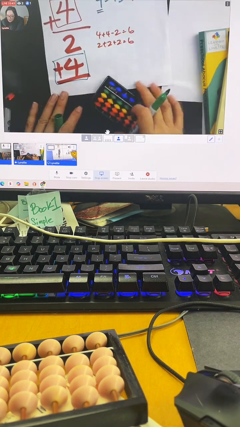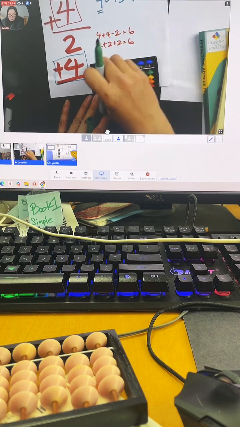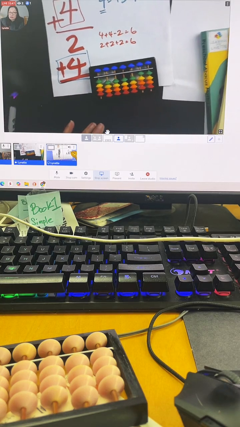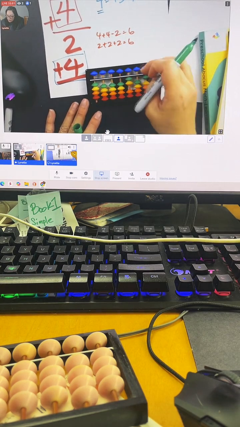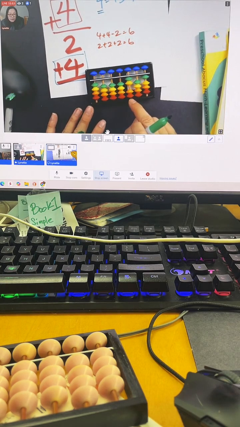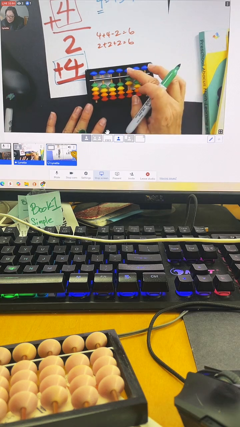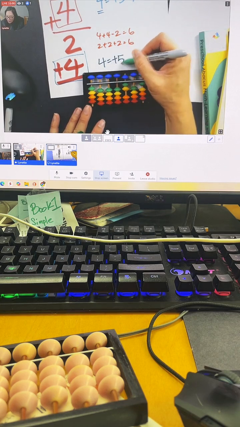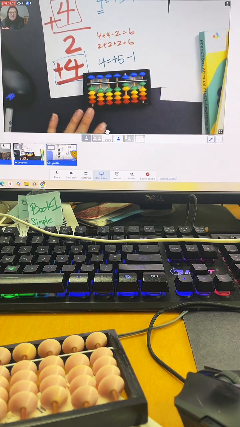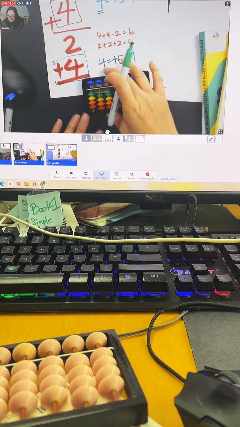So in 2 plus 4, what can we do? Well, again, we can talk about our doubles. We could do doubles, 4 plus 4, and then take away 2. So that would be 6. Or we can do 2 plus 2, and then plus another 2, which is 6. Because this would be our doubles. You could learn that. That's not a problem.